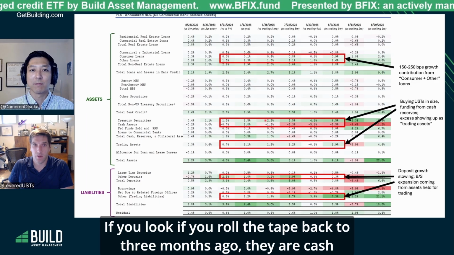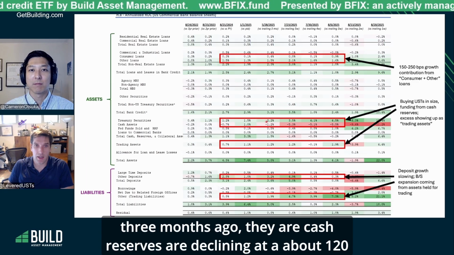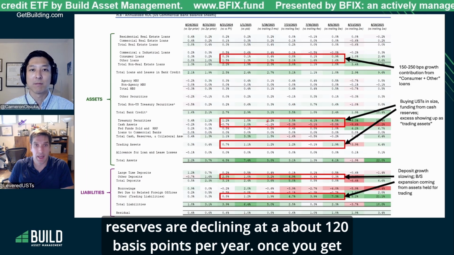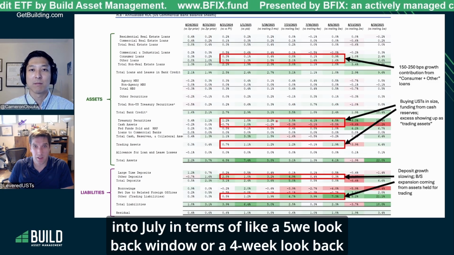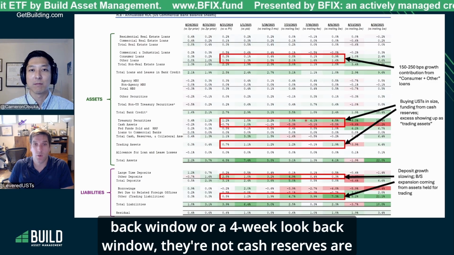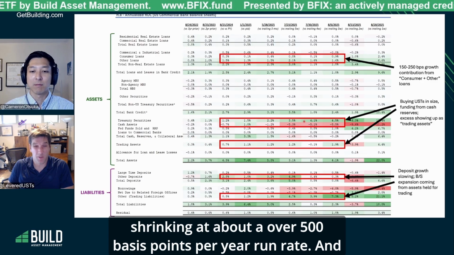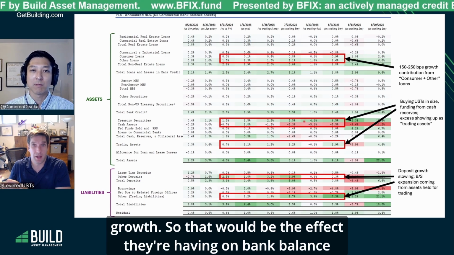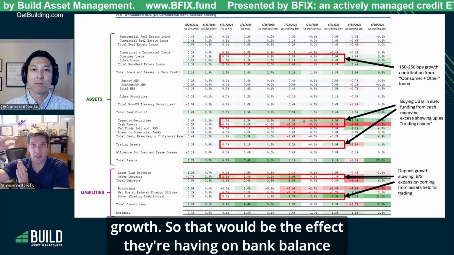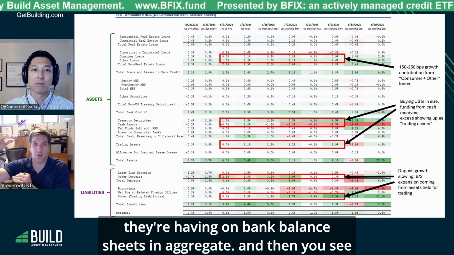If you roll the tape back to 3 months ago, cash reserves are declining at about 120 basis points per year. Once you get into July, in terms of a 5 week or 4 week look back window, cash reserves are shrinking at over 500 basis points per year run rate, and that's the contribution to balance sheet growth. That would be the effect they're having on bank balance sheets in aggregate.